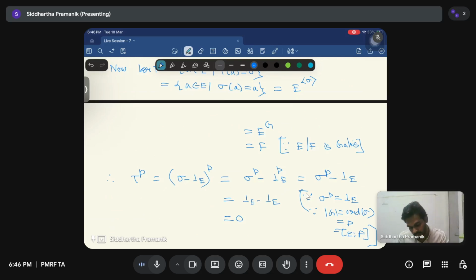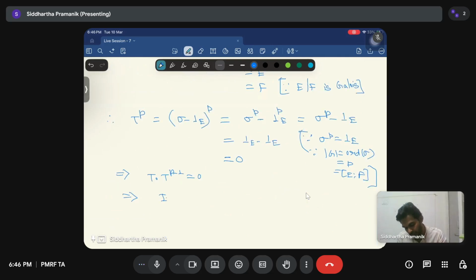So what does this mean? This means T composed with T power P minus 1 is 0. So the image of T power P minus 1 is contained in the kernel of T, which is F. Right?